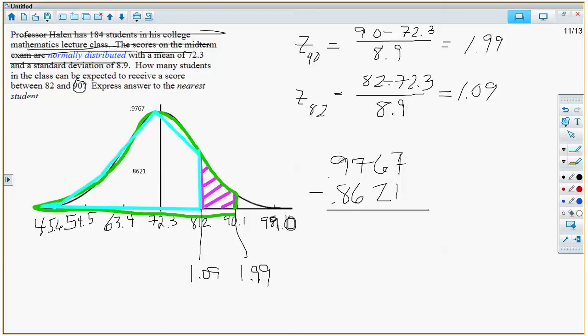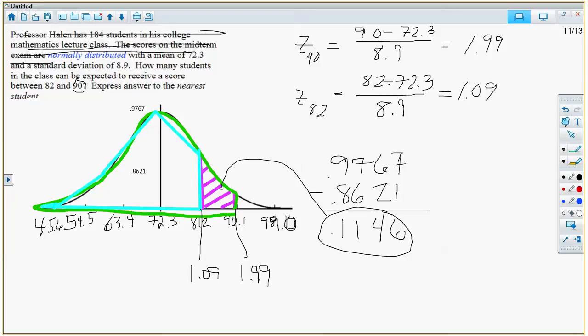97 cents minus 86 cents is going to be 11 cents. So 0.1146. And that is what area? Tell me the color that that represents.